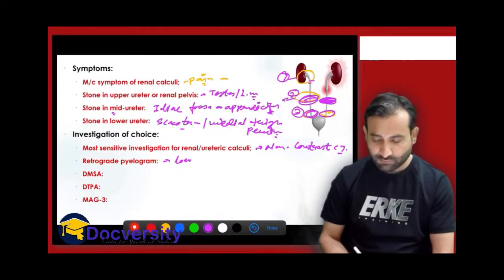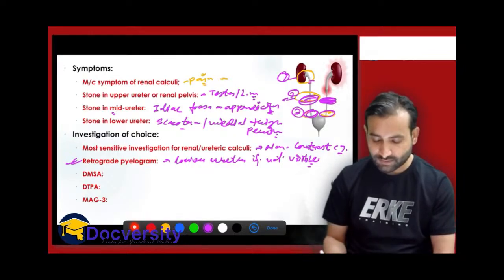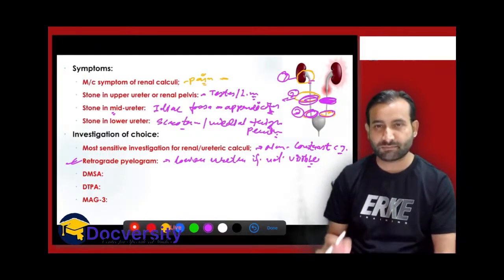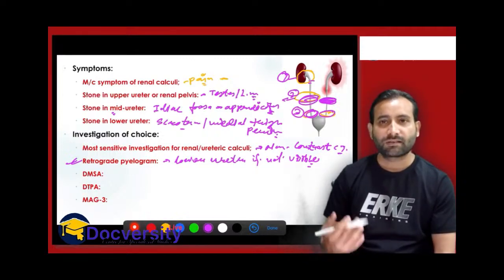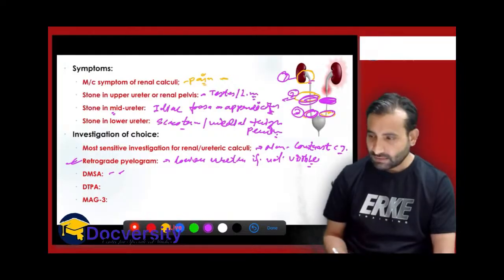And retrograde pyelogram we will do sometimes if the lower ureter is not visible in the non-contrast CT. Why do we use non-contrast CT? Because we are involving the renal system. Renal system has the disease, so it cannot filter the contrast media. That's why we do not use it.